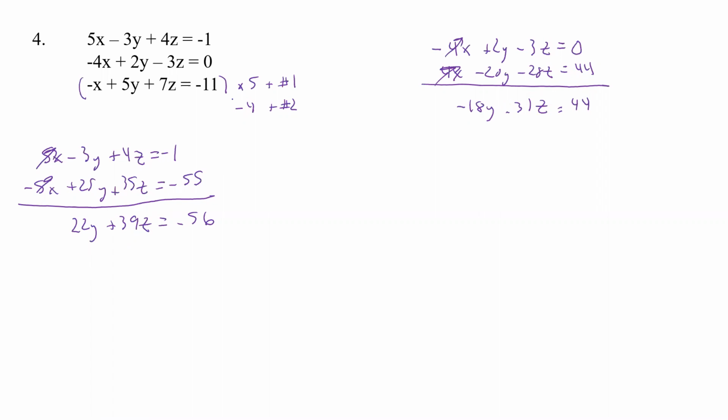And so 22 equals 11 times 2, and 18 equals 9 times 2. So if I multiply this one by 11 and this one by 9, then I will have the first terms I can cancel. They're already opposite signs, so I just have to multiply by those numbers.